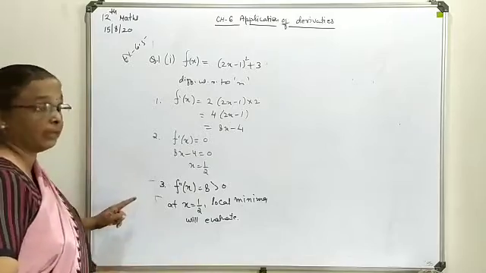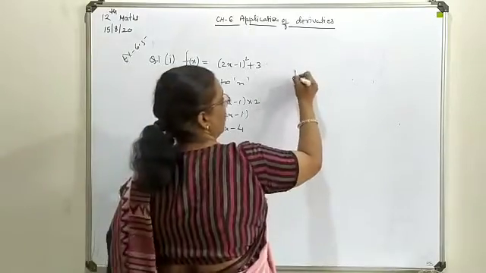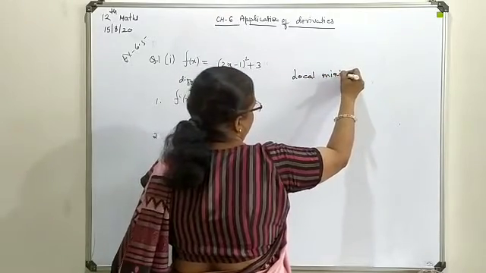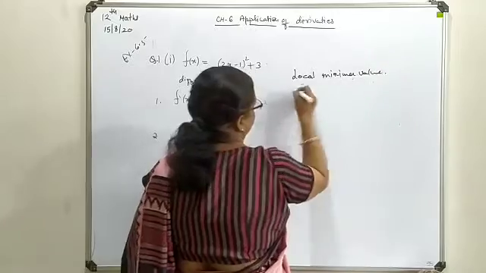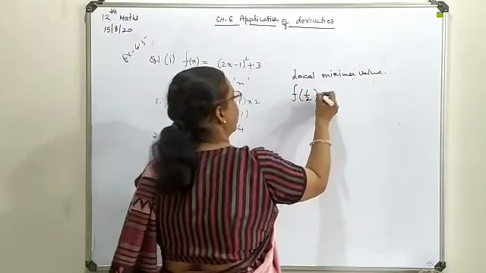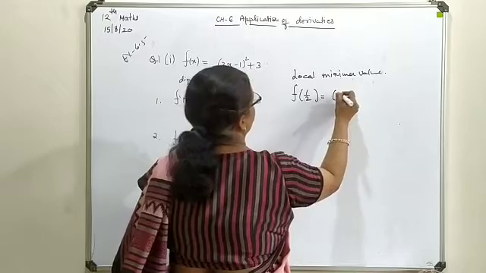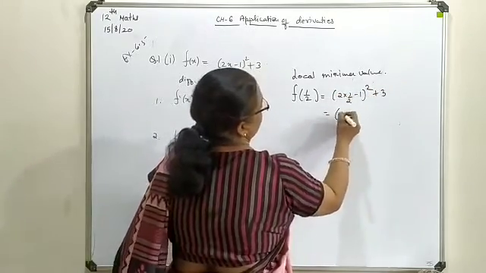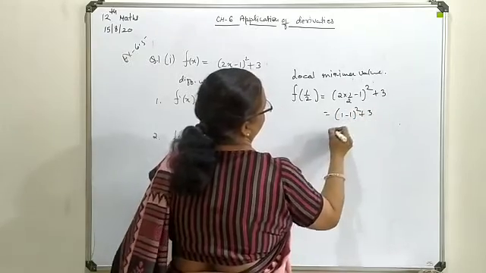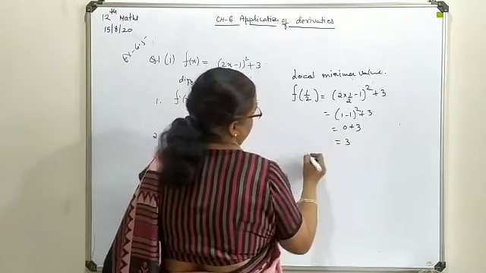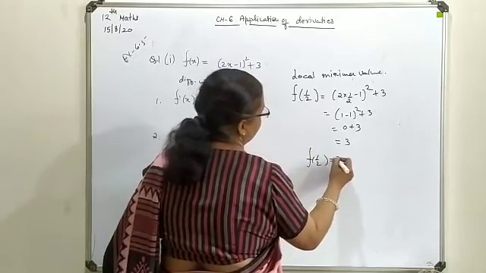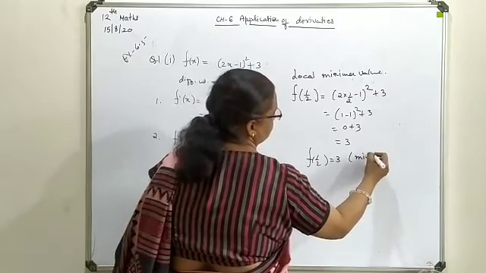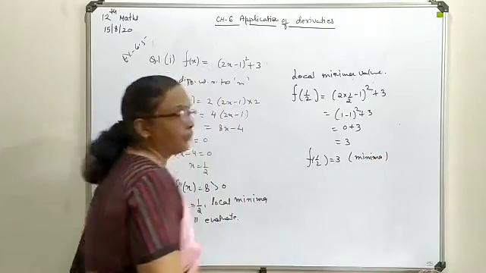Now what is the local minima value? It is f of half, meaning in your main function you substitute half in place of x. This is 1 minus 1 plus 3, meaning 0 plus 3. So you can say its minimum value is 3.